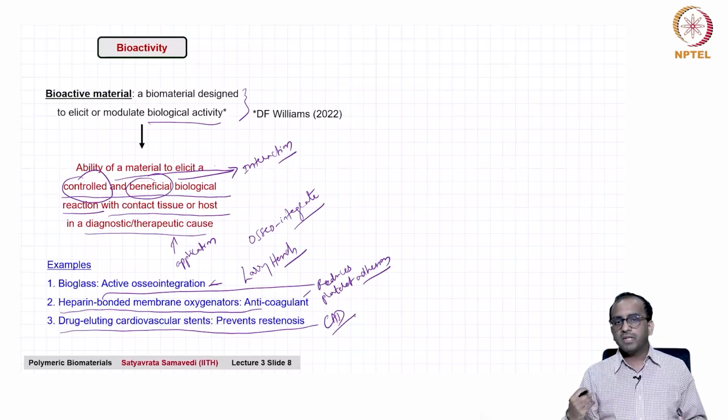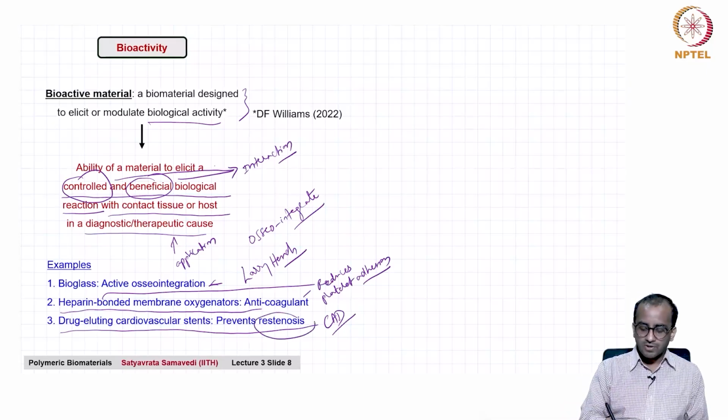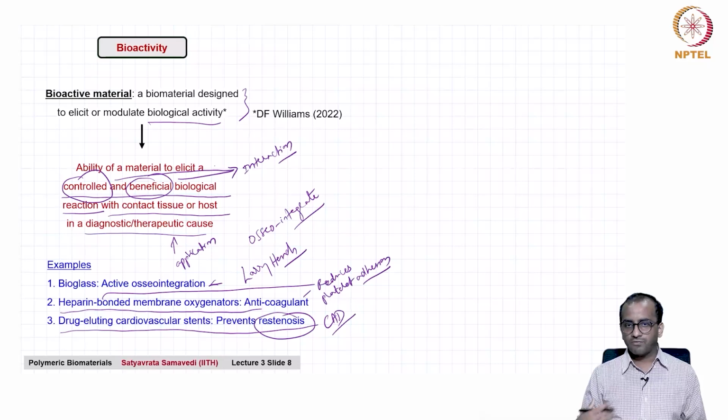But the problem there is that with time you can have a problem called restenosis, where cells start proliferating and they form scar tissue, and that's a very problematic thing.